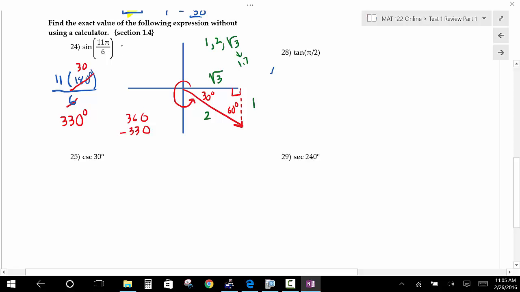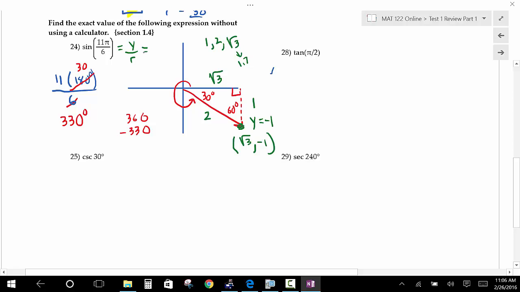Okay, so when you do the sine, it is y over r. So if you look at this value, this would be the y value, although y is -1 because of the quadrant we're in. So what you basically have is an x value of square root of 3 and a y value of -1 when you have a radius of 2.